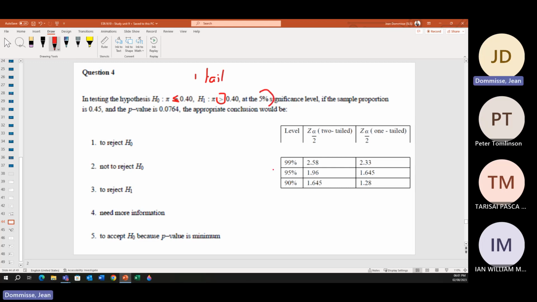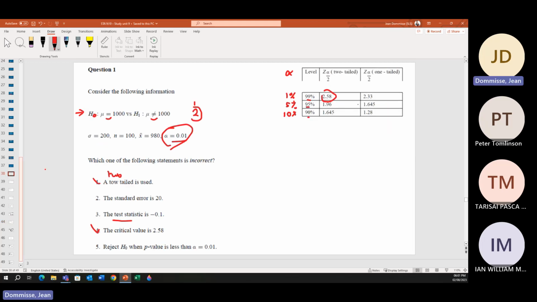At a 5% level of significance, with one tail, the critical value is going to be 1.645. So whenever we need to work out the rest, we're going to use that critical value in any case.